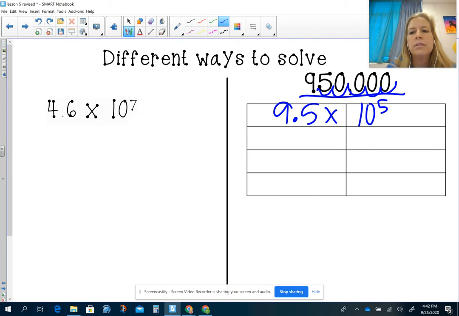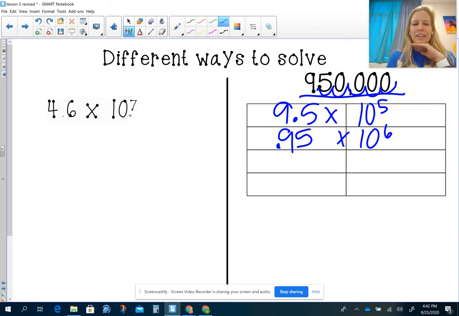All right, so what happens when I go down? So let's see. If I move my decimal one place to the left, do you know what that does to my exponent? I'm adding it, right? Because I'm going more this way. Now my number is getting smaller. Do you know why? Look at these two numbers. Which number is bigger to begin with?